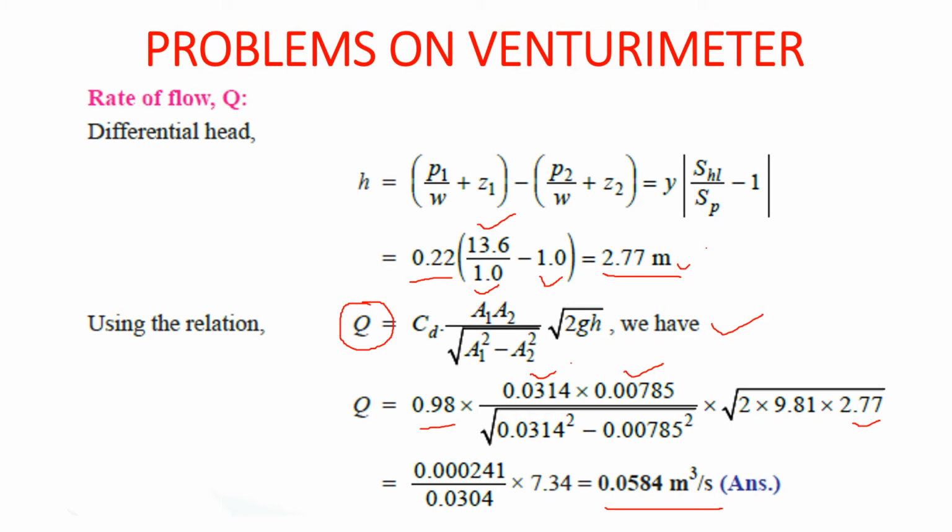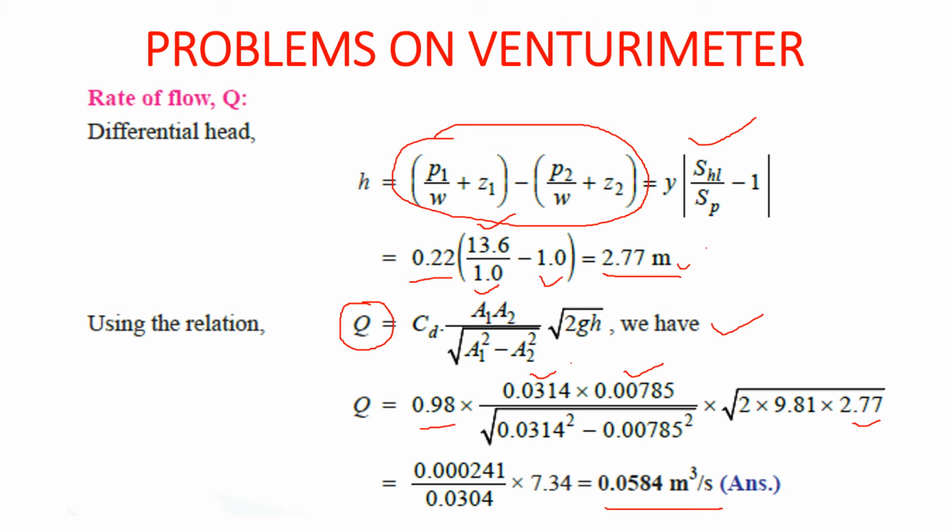So see guys, in this problem, the condition given to us was different, right? Based on that we have solved this problem, and the problem was related to the venturimeter which is connected vertically to this particular system. In this problem, this condition was useful for us because the difference in manometer levels was given.